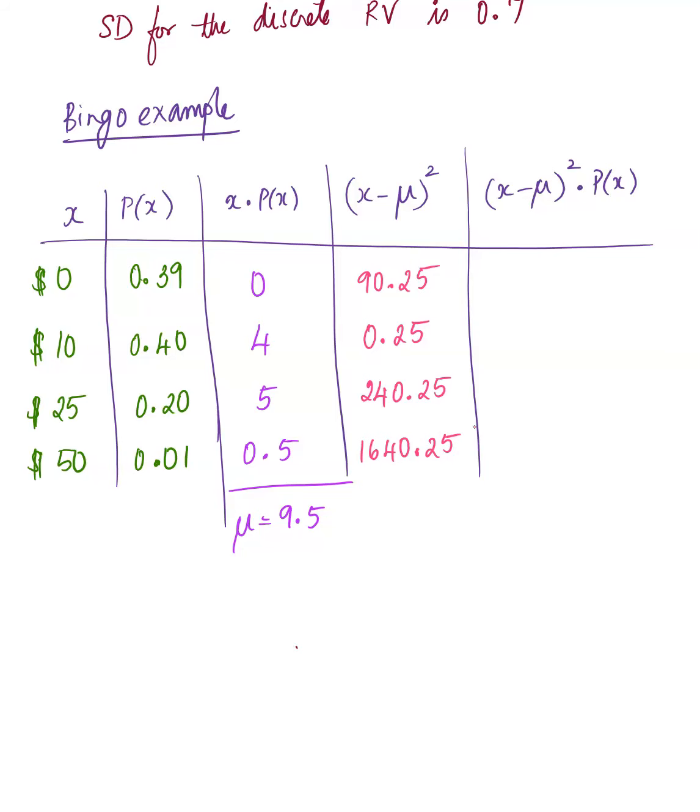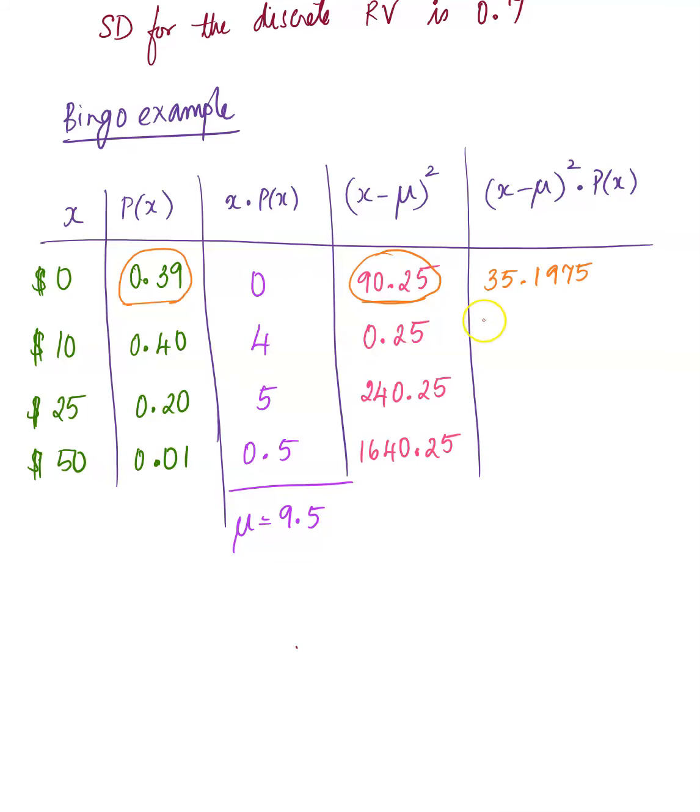All right, and then the last column would be to multiply this 0.39 with the 90.25. So 0.39, this and this, multiply. I'll just circle that so you can see what I'm doing. Those two when multiplied give you 35.1975.